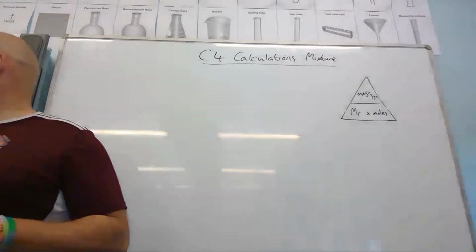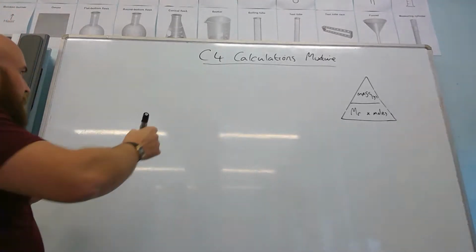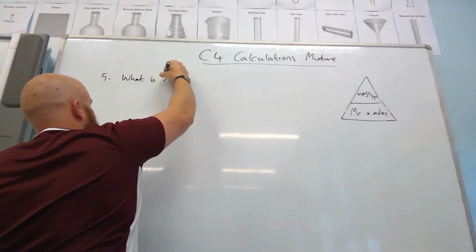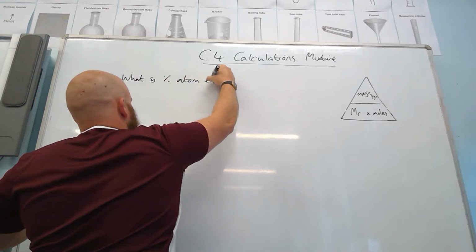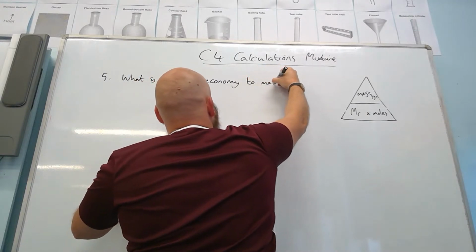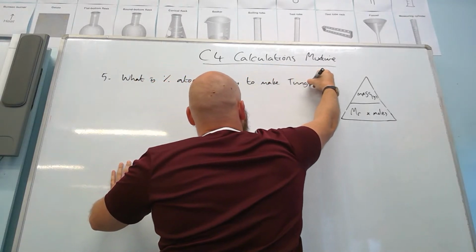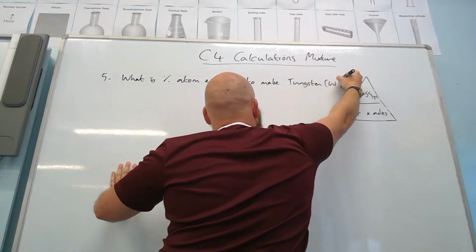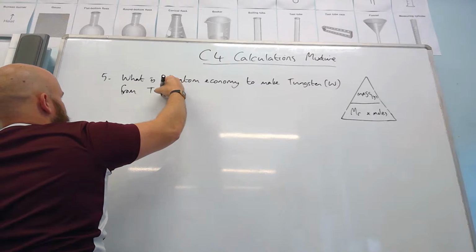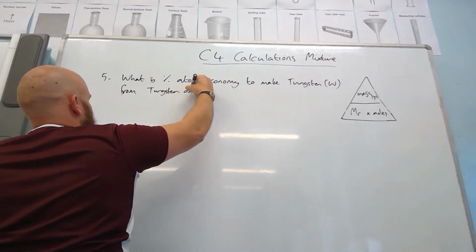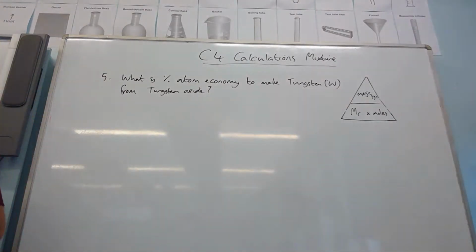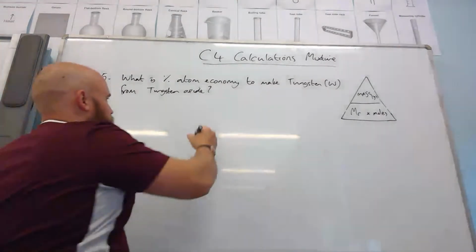So it's what is the percentage atom economy to make tungsten from tungsten oxide? Okay, right, so we'll have a look. It is WO3 plus 3H2. Right, so.